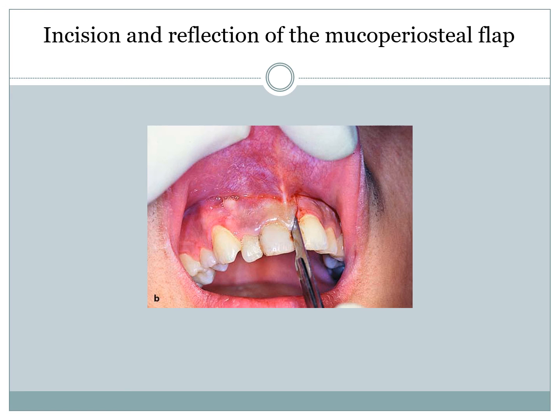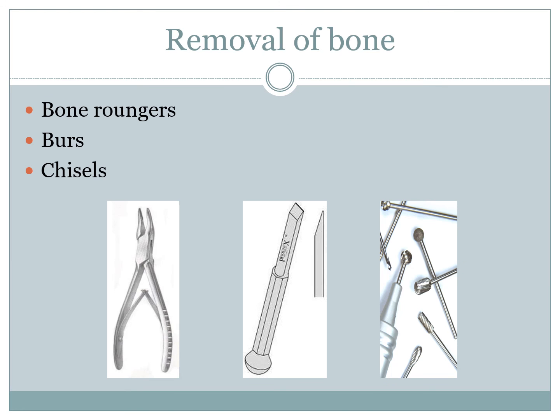You can see the incision is placed only in the dental papilla and reflected, which makes it very safe. After that, the removal of the bone, normally using a bone rongeur, bur, or chisel. The bone rongeur, or bone spears, or using bur and chisel, all these techniques are used sometimes. Normally we use burs.